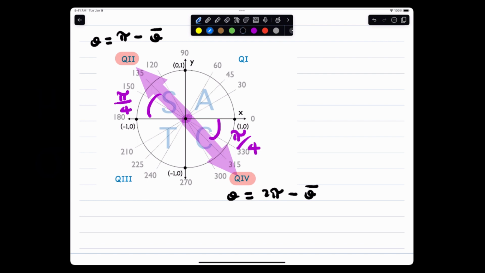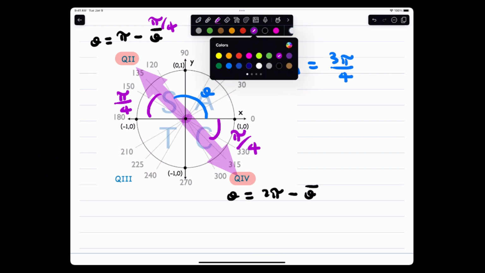So you said, okay, here's my first angle theta. If the reference is pi over 4, you plug in pi over 4. And like we already got, that first angle will be 3 pi over 4. We already did the arithmetic. Check your notes.